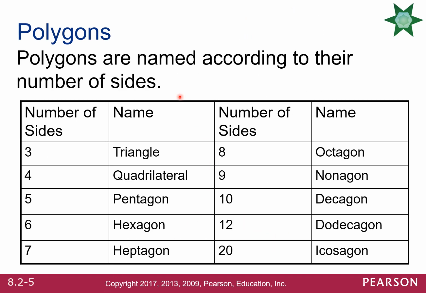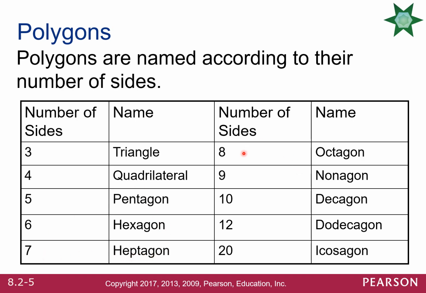Now, polygons are named according to their number of sides. So, if a polygon has 3 sides, it's called a triangle. We all know that. A 4-sided polygon is a quadrilateral. A 5-sided polygon is a pentagon. 6-sided is a hexagon. 7 is a heptagon.